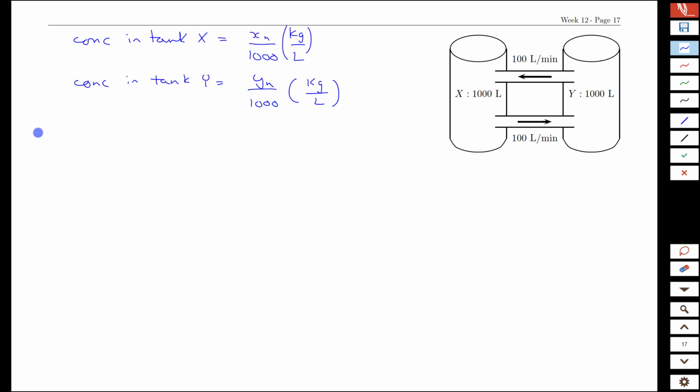And so, after 1 minute, the amount of chemical, so this is now mass of chemical in tank X, well, that's going to equal xn plus 1.